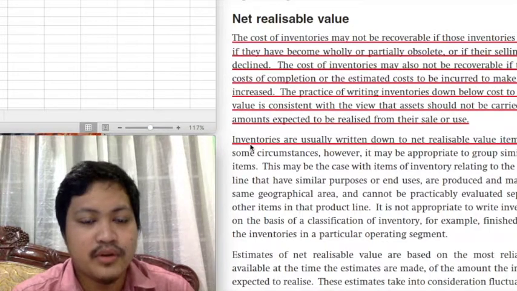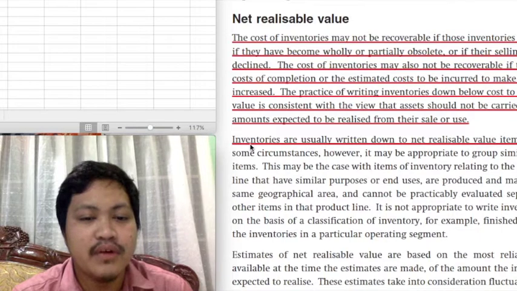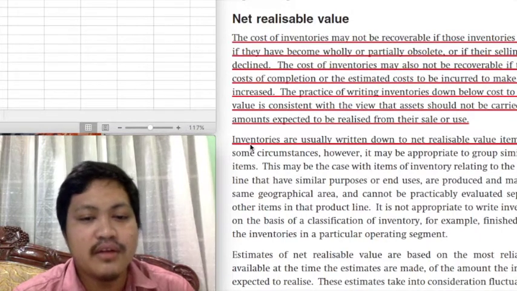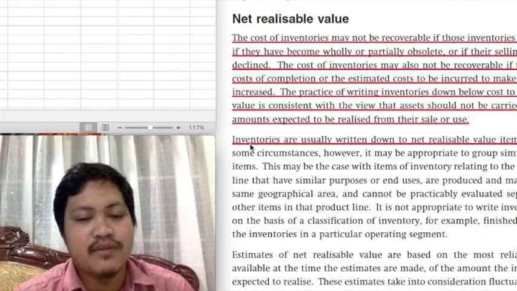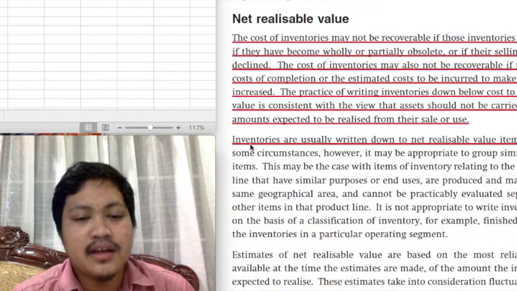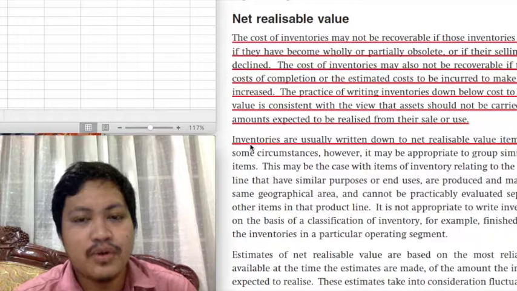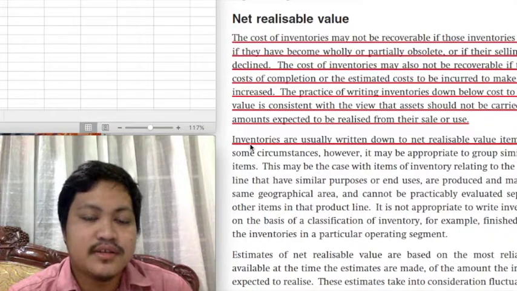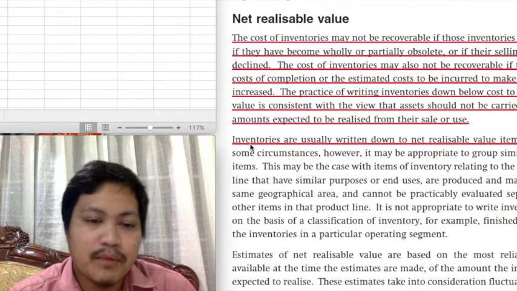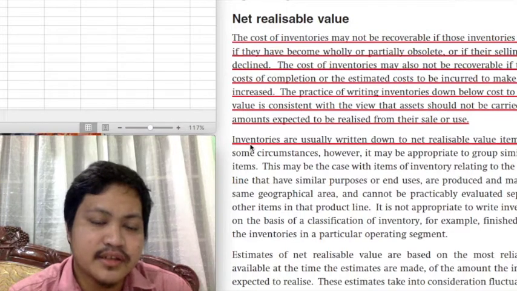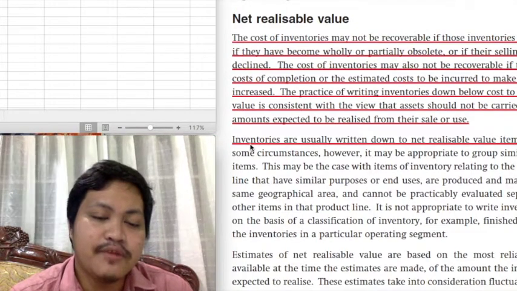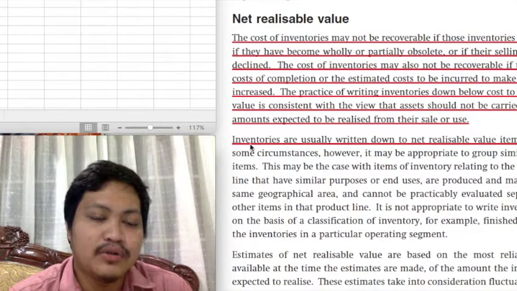You do not report the asset at its cost anymore, but instead you bring down the carrying amount, you write down the asset to its recoverable amount. And basically, the NRV is just the equivalent of the recoverable amount for your inventories. So when we discuss property, plant, and equipment and other assets in the future, class, the idea of impairment would be applicable to them as well.